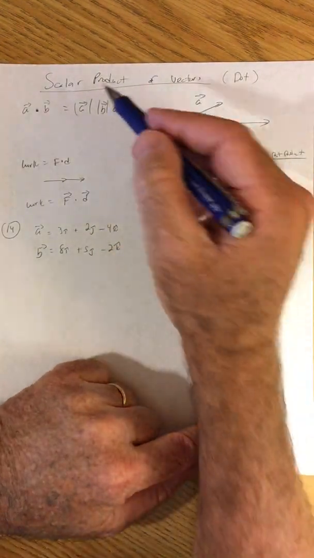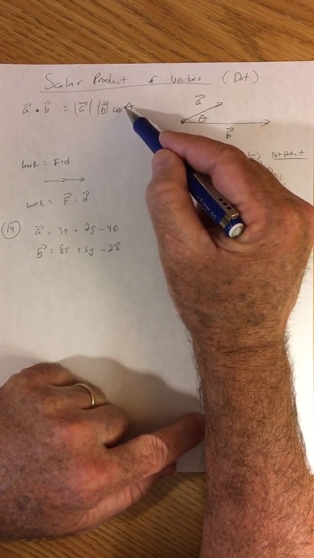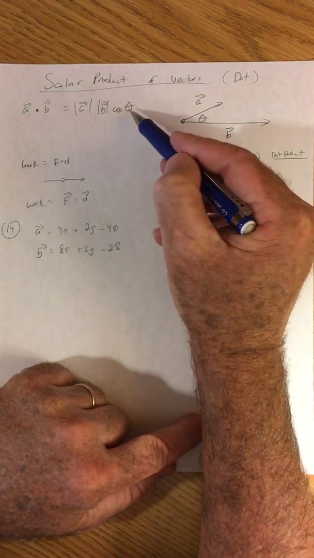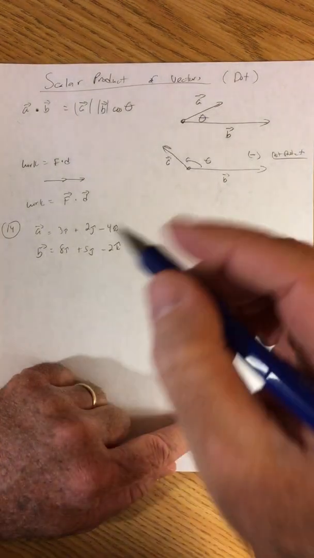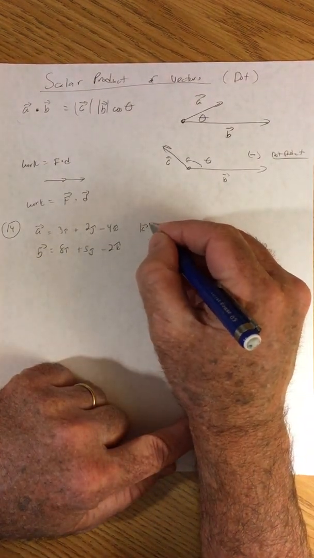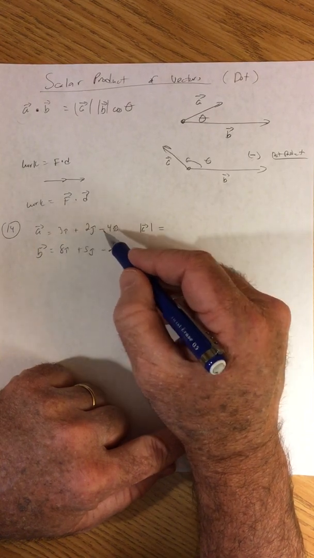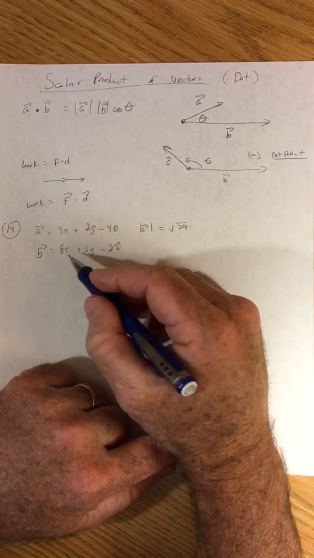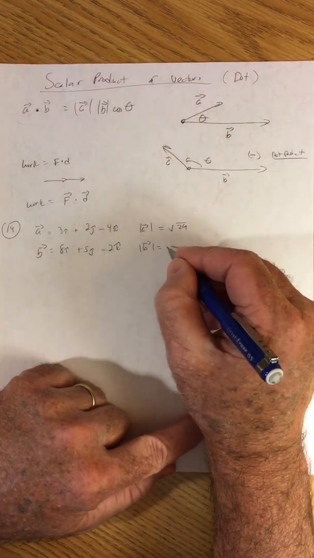Now, if you look at the formula for the dot product, if I can find the dot product and the two magnitudes, then I can isolate for that angle, or the cosine of that angle, and then take the inverse cosine. It's easy to find the magnitudes. Magnitude of A is equal to the square root of 9 plus 4 plus 16, or the square root of 29. Magnitude of B is square root of 64 plus 25 plus 4. Square root of 93.